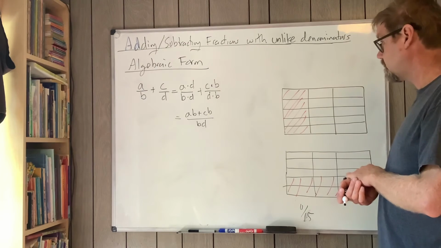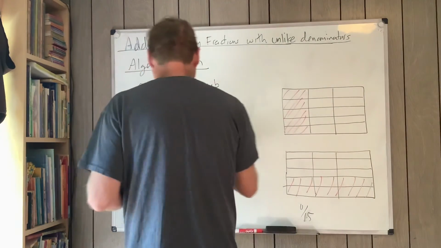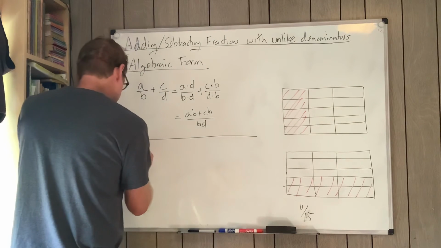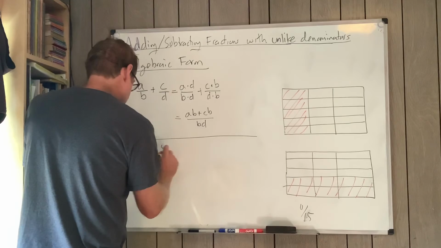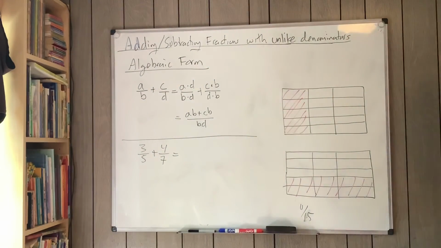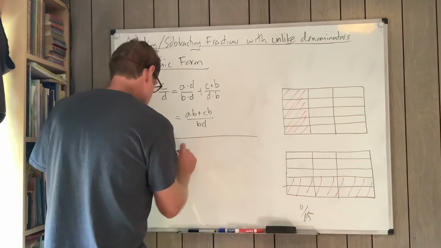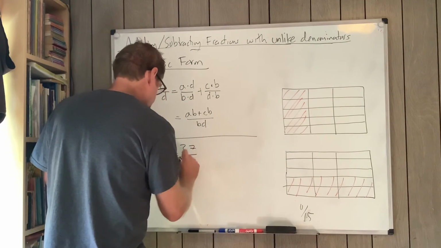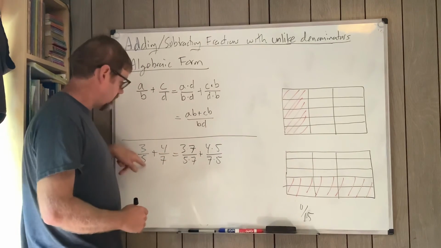Now, there's a couple of other things with this. So let's just do one. If I have, let's say, 3/5 plus 4/7, here's what we're going to do. We're going to do 3 times 7, 5 times 7, and multiply this by 5.